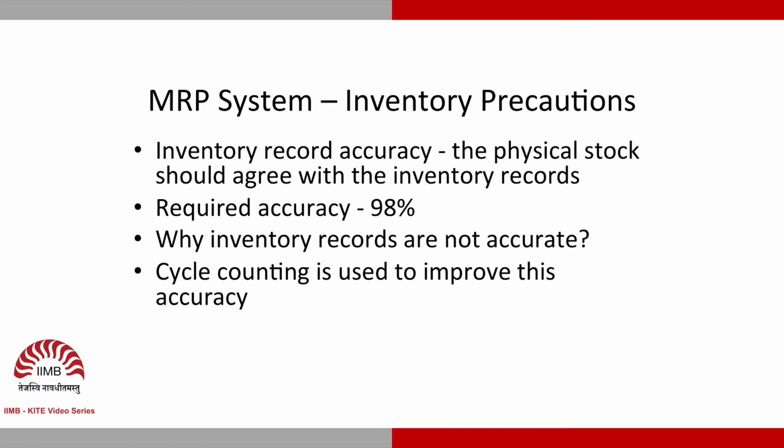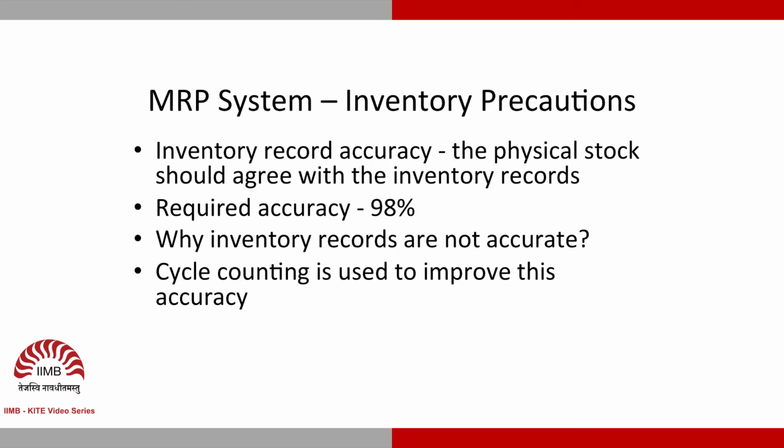For example, if the inventory system has 1000 items, I may pick up some 50 or 100, 150 of the items, and we do a physical stock verification for these chosen items.